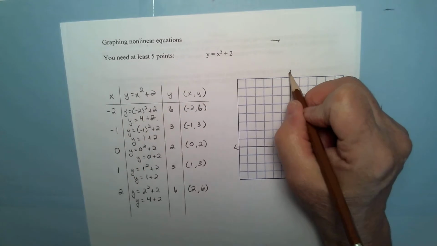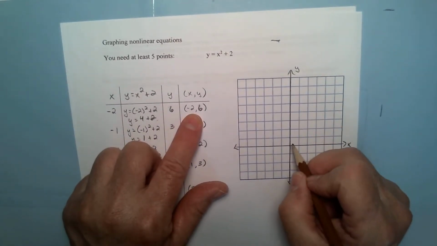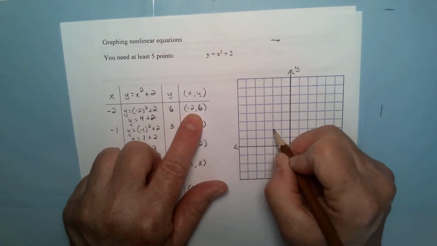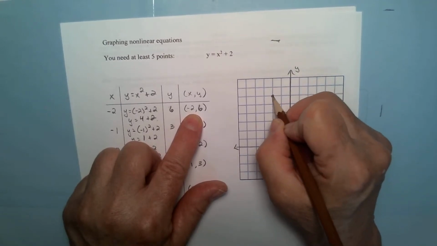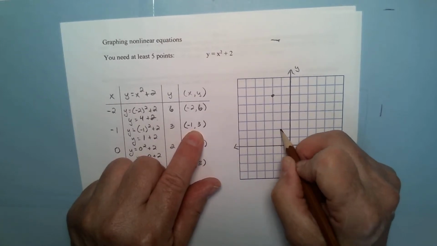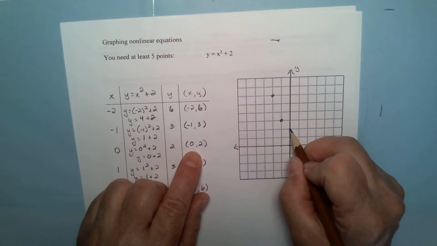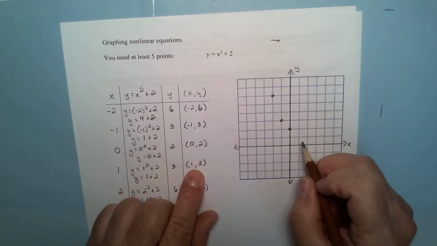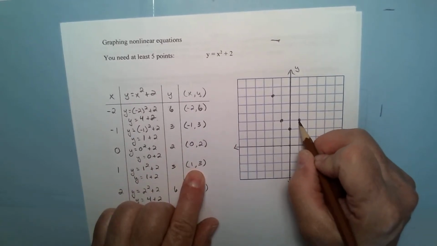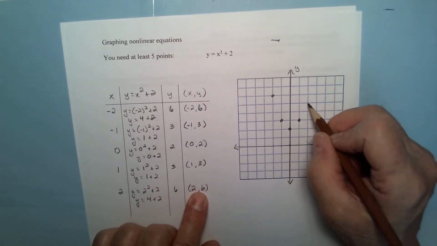In the middle, that's y. Okay, -2, 6. 1, 2, 3, 4, 5, 6. There's my first point. -1, 3, 1, 2, 3. 0, 2. 1, 3, and 2, 6. 1, 2, 3, 4, 5, 6.